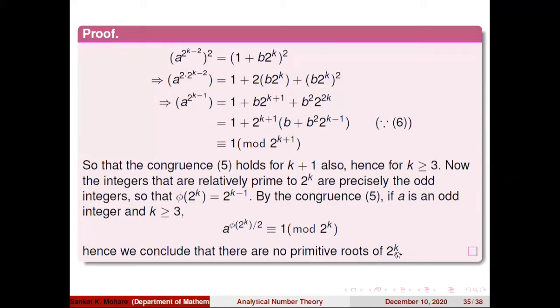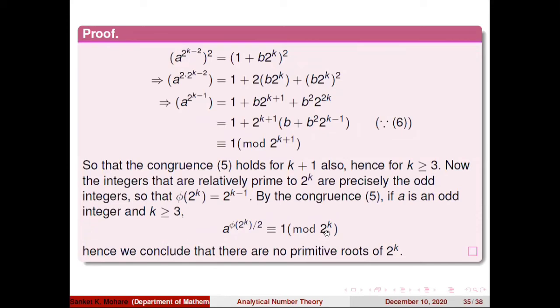Why? Because by definition of primitive root, if GCD of a comma n is 1 and a to the power phi of n is congruent to 1 modulo n. But here, a to the power phi of 2^k divided by 2 is congruent to 1 modulo 2^k.